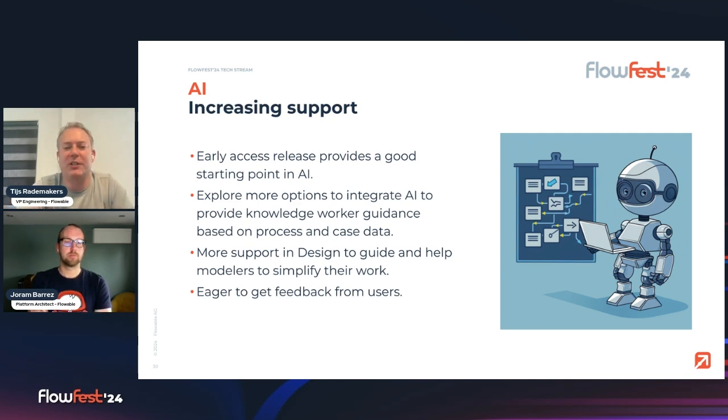A lot of interesting stuff can be done there. More support in design to guide and help modelers. It's all about simplifying the work. And we are, of course, very eager to get feedback from anyone. So if you want to try out the early access release, definitely get in touch with Flowable sales, and they will be happy to help you there.